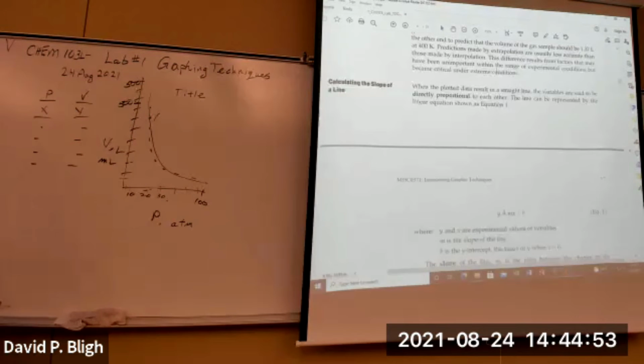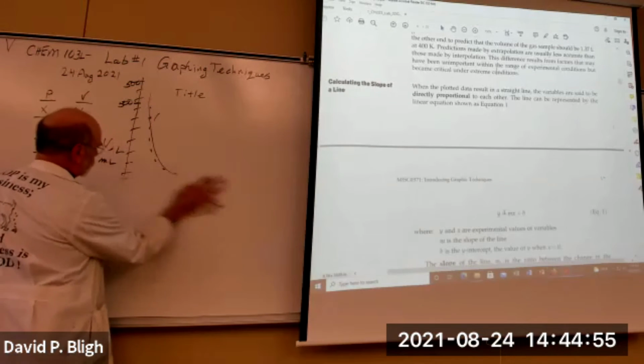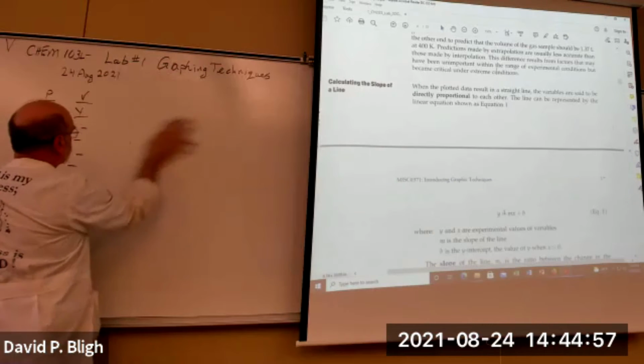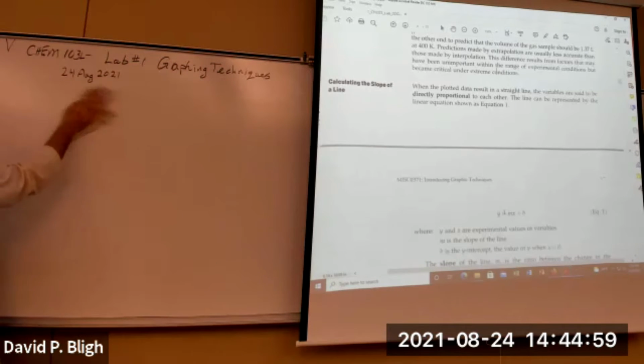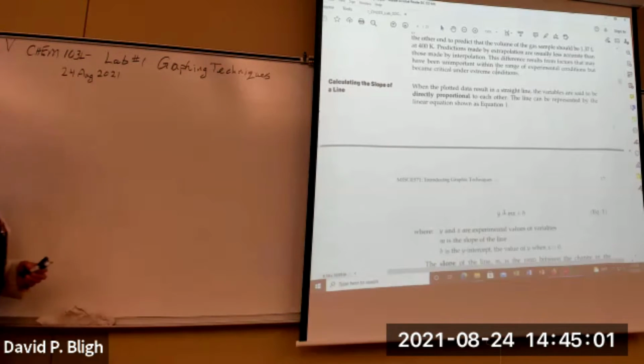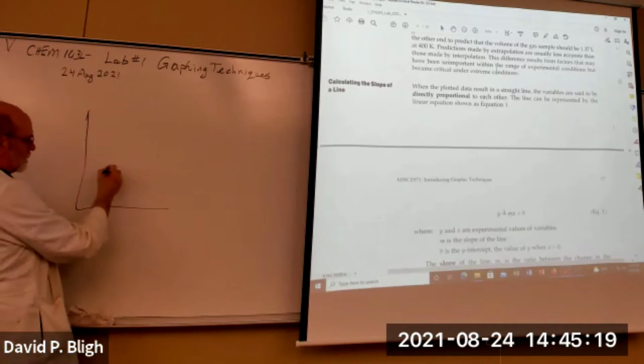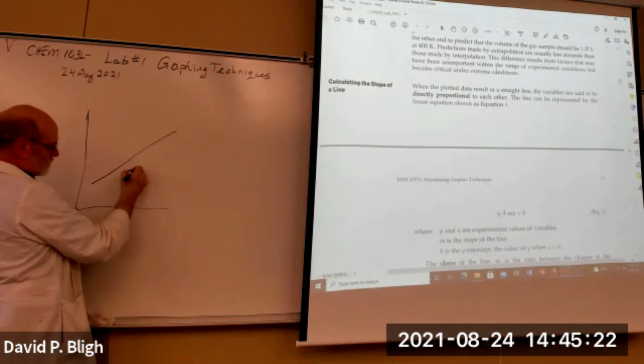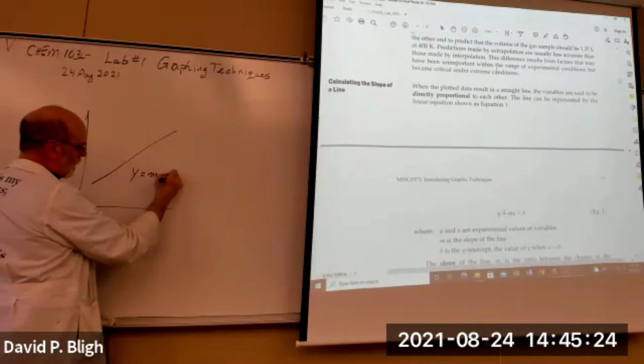So what's the slope of a line? When scientists plot their data, they prefer straight lines because the straight line is very well defined. It's well behaved. Curves don't behave very well. They can have almost any equation that describes them, but a straight line is fixed. It's got one type of equation that describes a straight line. Say if it's going this way, it's y equals mx plus b.